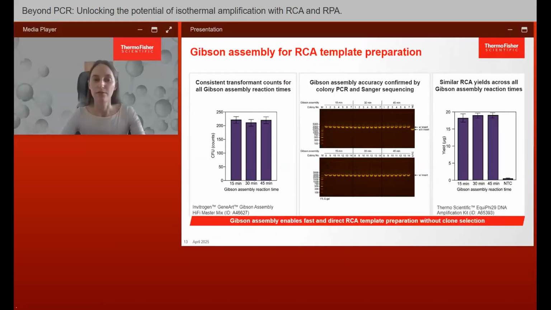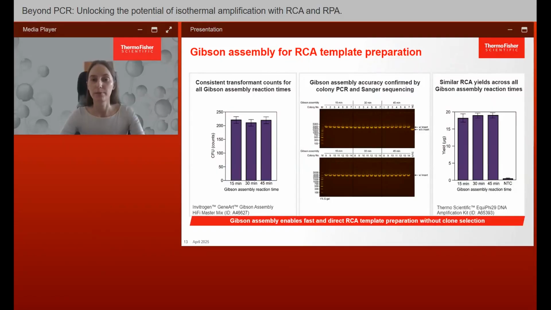Therefore, the feasibility of Gibson assembly for RCA template preparation was tested by assembling GFP gene into vector with reaction times of 15, 30, and 45 minutes. And as you can see in the graph on the left, there was no difference in the number of transformants between samples, indicating that 15-minute reaction is sufficient.